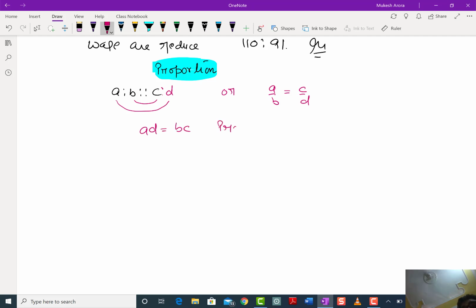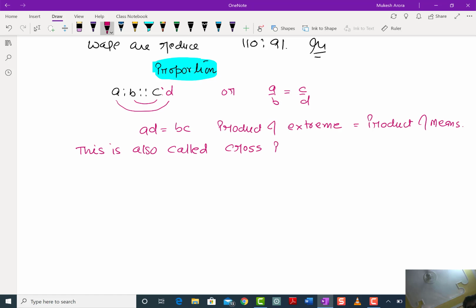That is called the product of extremes is equal to the product of means. This is also called the cross product rule.